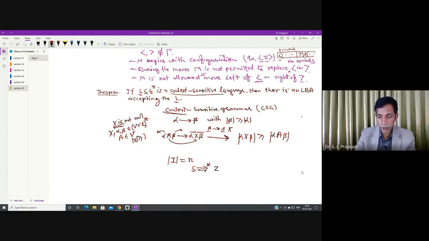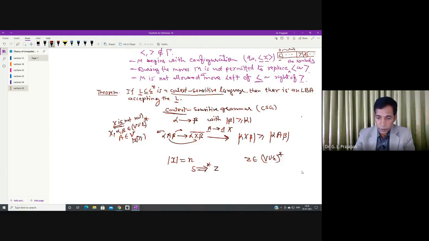you may have some string, say z, and z can be any string from the set (V union sigma) star. But this can't be null because you are not able to delete the symbol. So what is the condition?